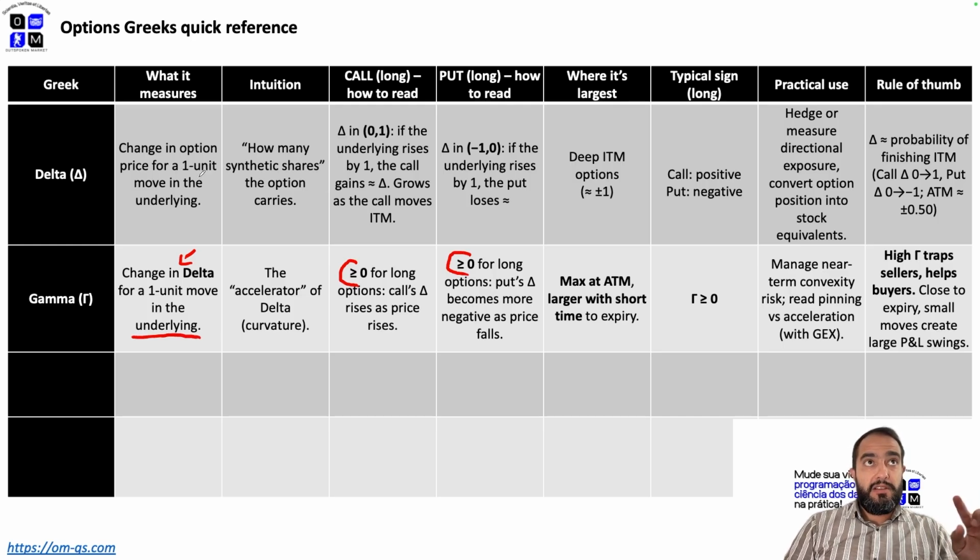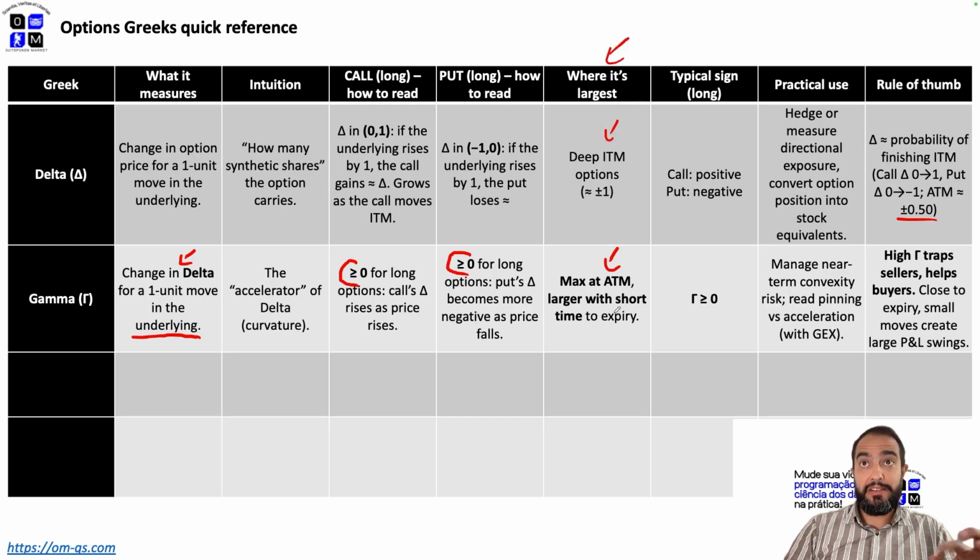Delta was the change in the option price for that particular 1 unit in the underlying, and this is how much the delta would change. Gamma is maximum at the money. In the opposite way of the delta, which will be around 0.5 if they are at the money, and then the more they are in the money, the larger it gets.